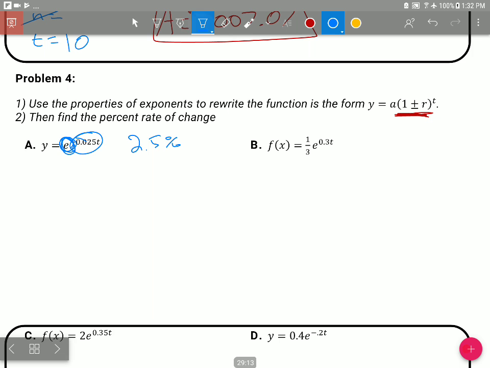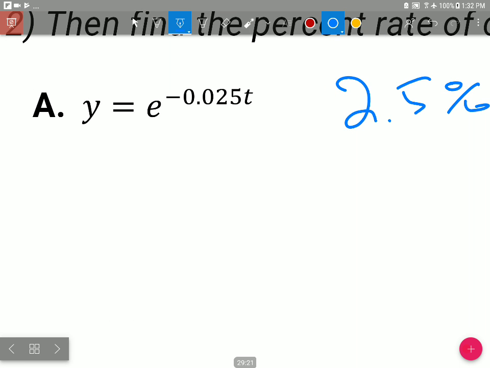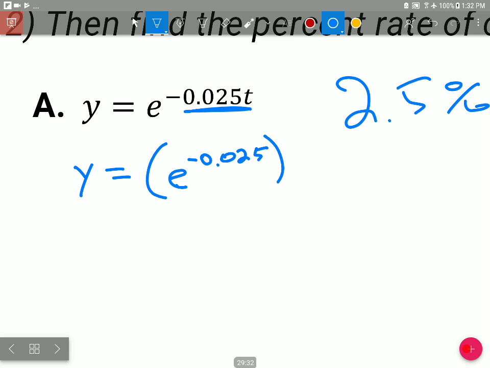What they want us to do is turn it into this. It's actually pretty easy. First we break that apart, so I'm going to put in parentheses e to negative 0.025, close parentheses, and raise it to the t. Remember, an exponent to an exponent, you multiply.